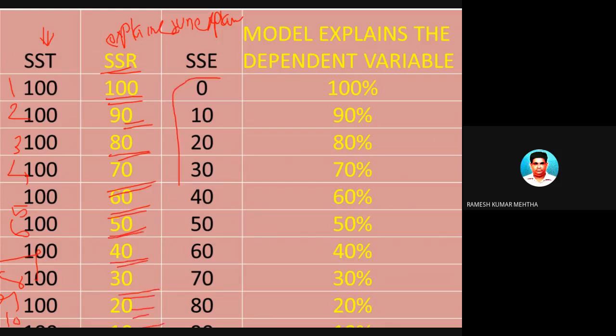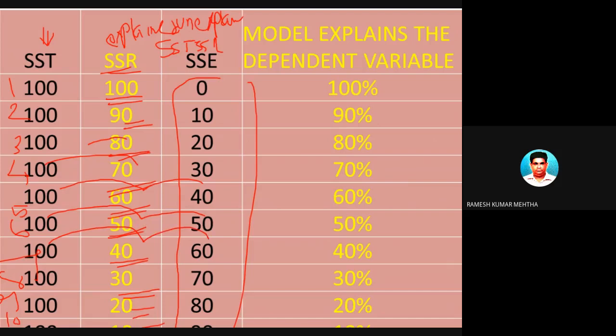Now sum of squares error is nothing but SST minus SSR. That is 100 minus 0, 100 minus 90, 100 minus 80, 100 minus 70, and so on, 100 minus 10.